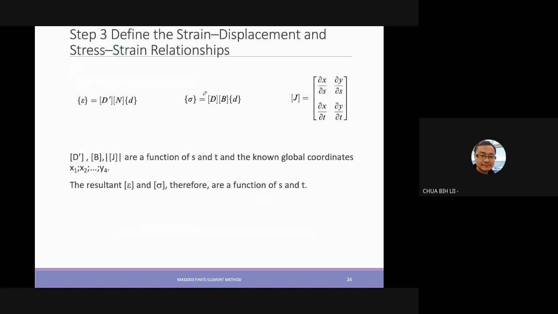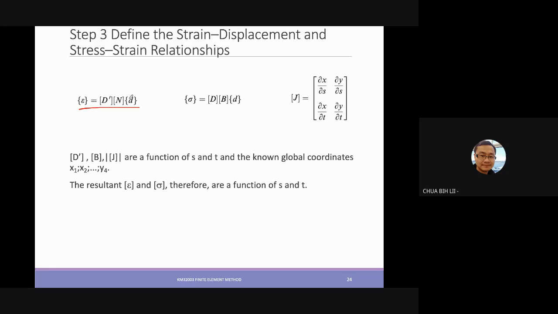So next would be similar for the strain displacement and the stress displacement relationship. The ideas remain the same. You just have to take care of the chain rule differentiations.